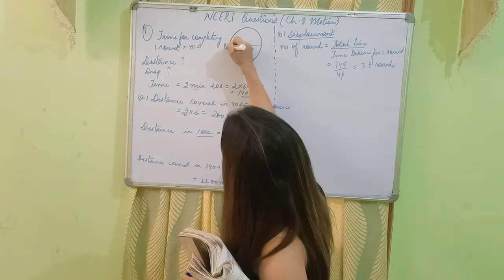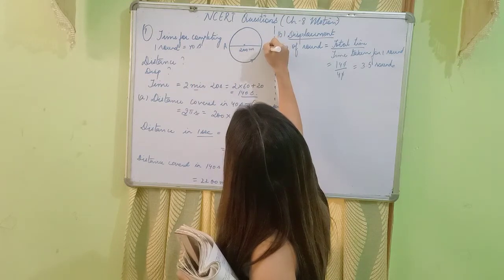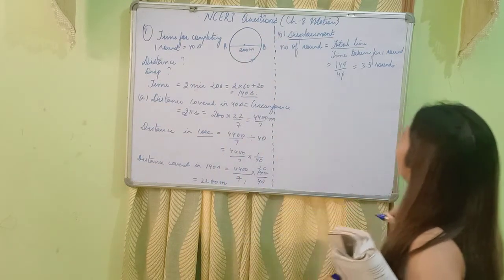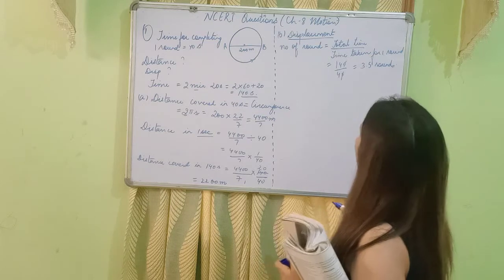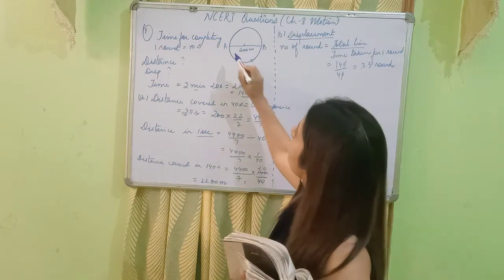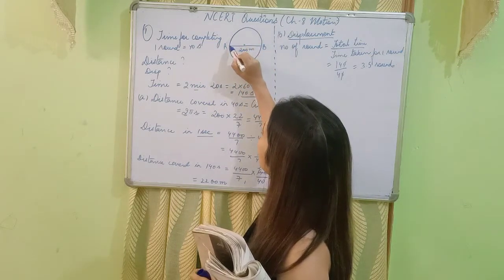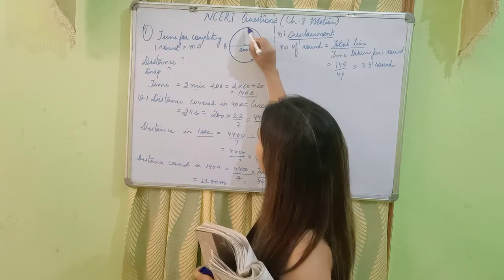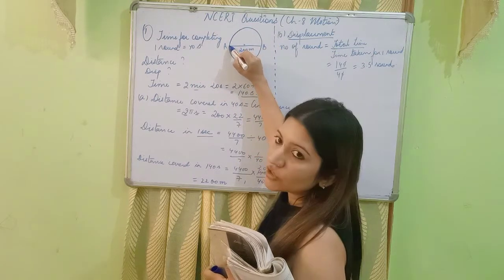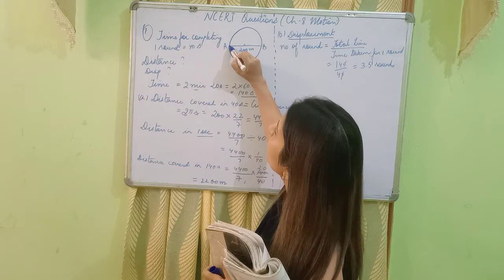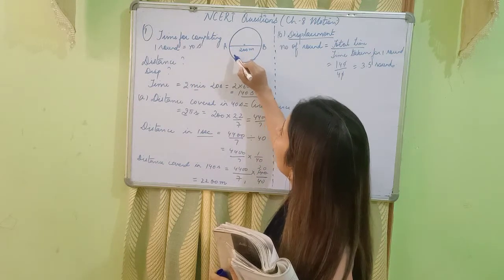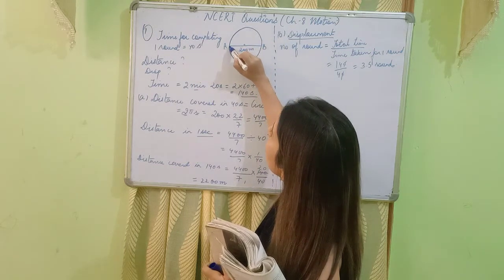Now, if my initial position is A, you need to calculate the displacement for 3.5 rounds. Now, the athlete takes one round, displacement becomes 0. Athlete takes second round. Since initial and final position is the same, for the second round also displacement becomes 0. For the third round, displacement becomes 0.